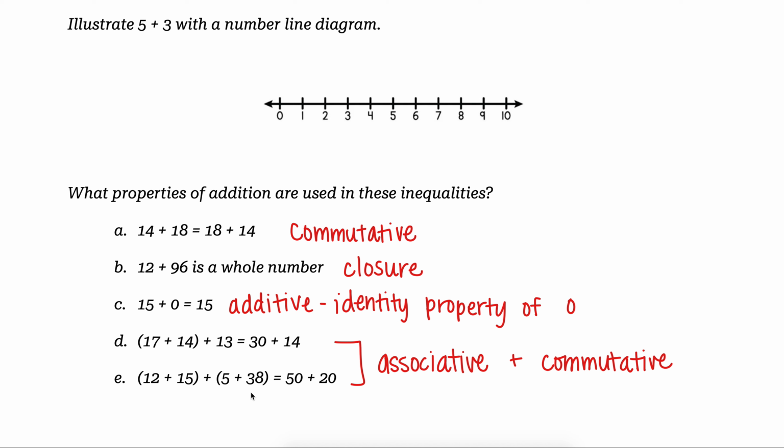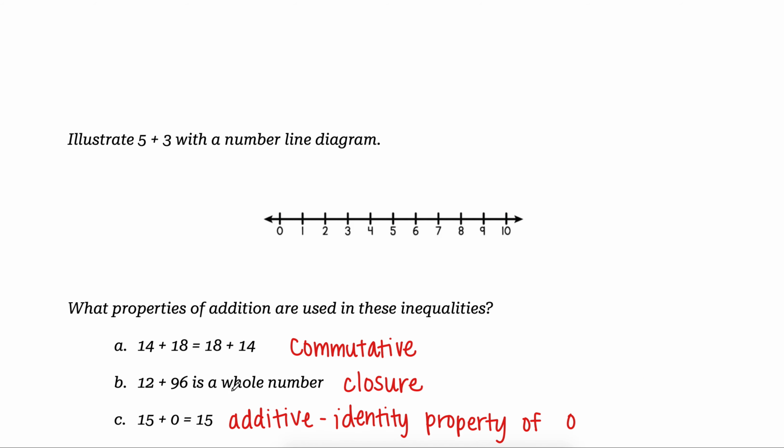Again, there's a bit of reordering happening here. This 50 comes about from adding 12 and 38 and the 20, 15, and 5. This is a bit of a shorthand way to add, something we'll talk about in more detail later. So both of those last two are using the associative and commutative properties.